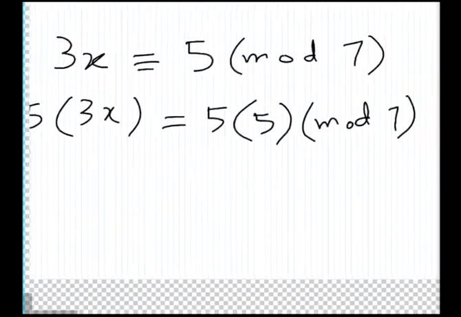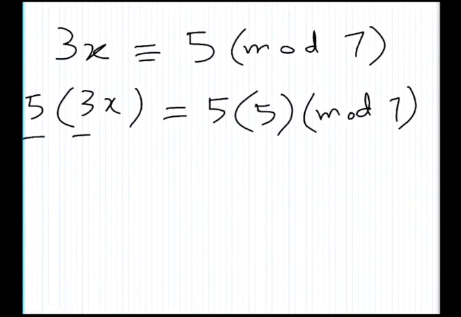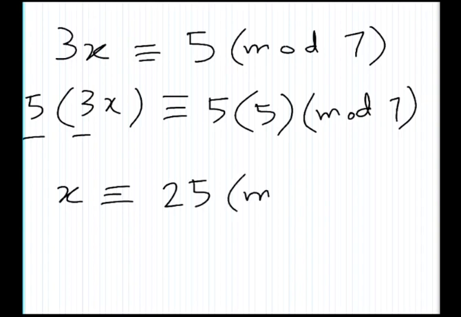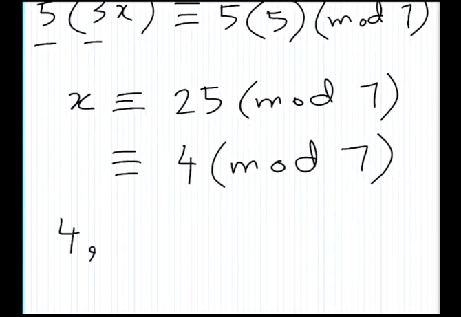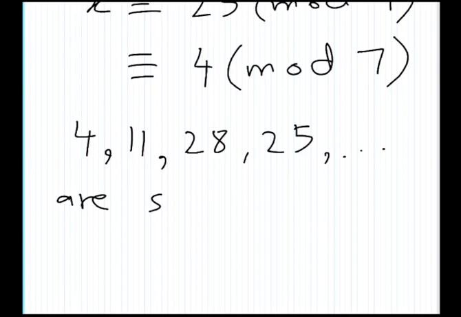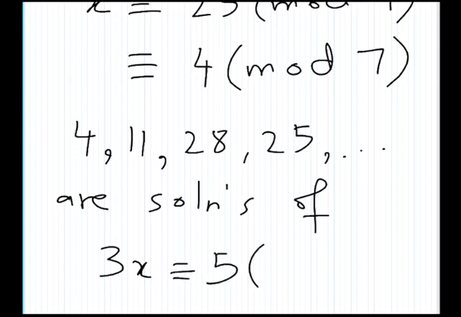The 3 and 5 cancel each other out because the product is 1, so x is congruent to 25 mod 7, which is 4 mod 7. This means that all the numbers 4, 11, 18, 25 and so on are solutions of 3x congruent to 5 modulo 7.